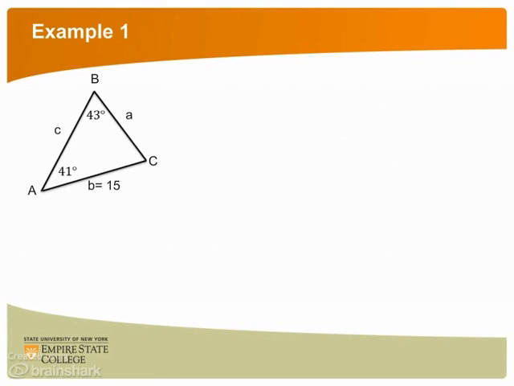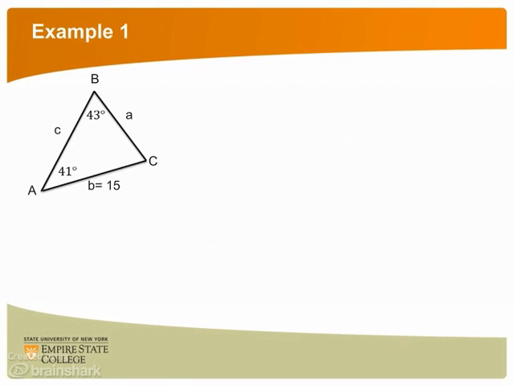Suppose we have the given triangle. We know that angle A is 41 degrees, angle B is 43 degrees, and the length of side AC, or little b, is 15. Note that we know the measures of two angles and the side that is not in between the two angles, which is the angle-angle-side setup. We need to find the measure of angle C and the lengths little a and little c.